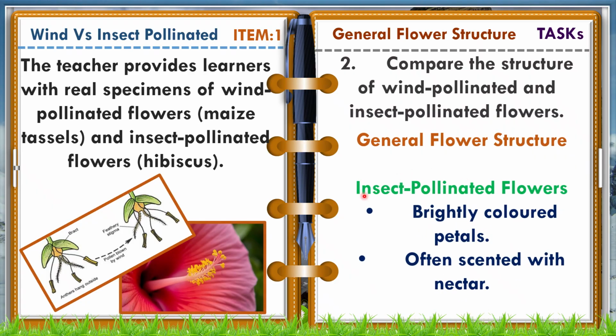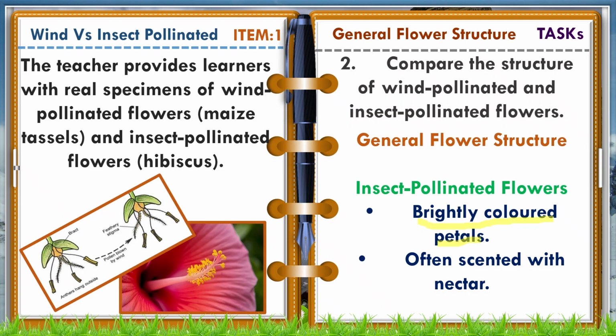Now we go back to insect-pollinated flowers. We want to look at the general structure. The insect-pollinated flowers, they have brightly colored petals. Why are they brightly colored? To attract the insects which are going to carry out pollination.